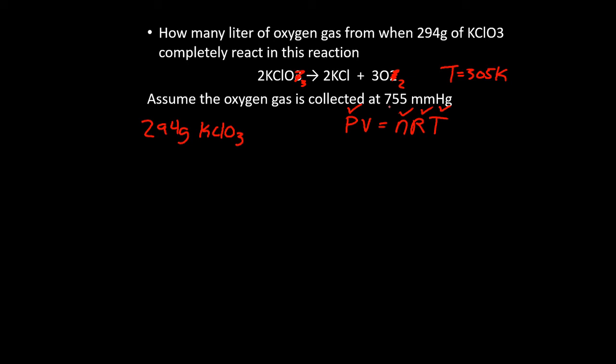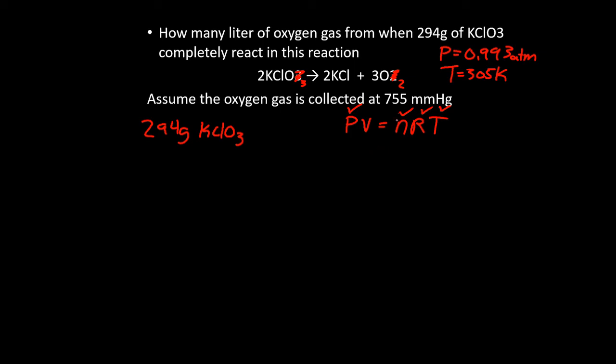It's 755 millimeters of mercury, which I'm going to go ahead and convert to atmospheres, because I know I'm going to need atmospheres later so that it matches what's in R. And if you remember, to convert to atmospheres from millimeters of mercury, you divide by 760, because there's 760 millimeters of mercury in every 1 atmosphere. And so this is going to be 0.993 atmospheres is the pressure.